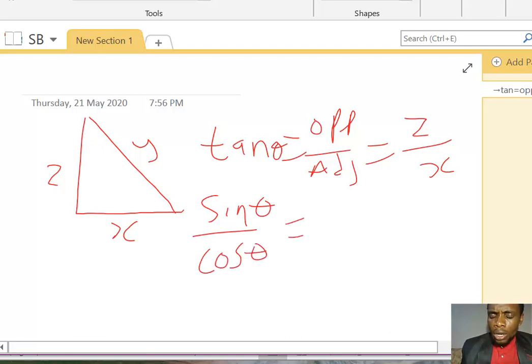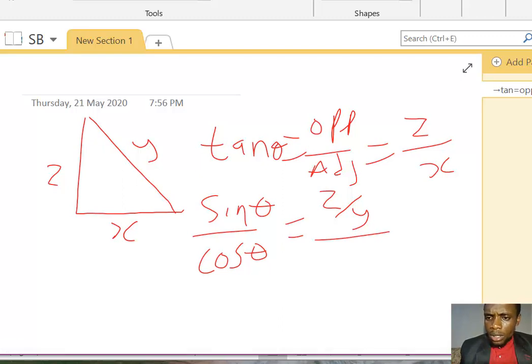What is sine theta? If you recall, sine theta is opposite over hypotenuse. Opposite is Z over hypotenuse, that is Y. All over cos theta is adjacent over hypotenuse.